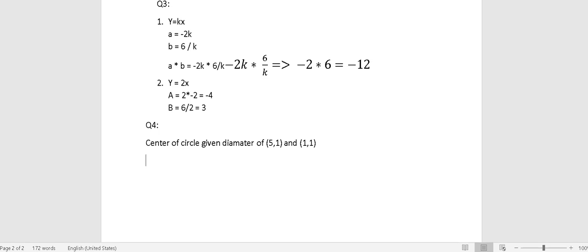To find the center of the circle, it is the midpoint of the line from (5, 1) to (1, 1). To find the midpoint, it is given by this.